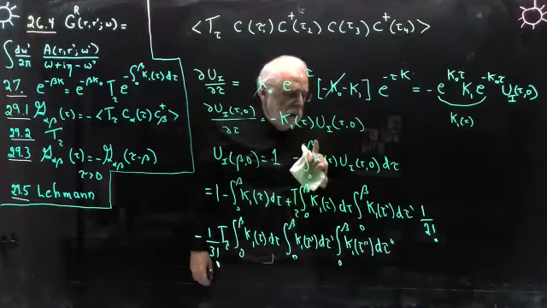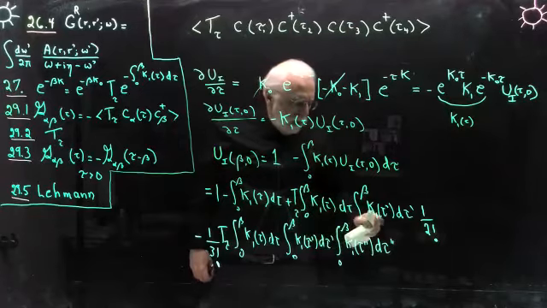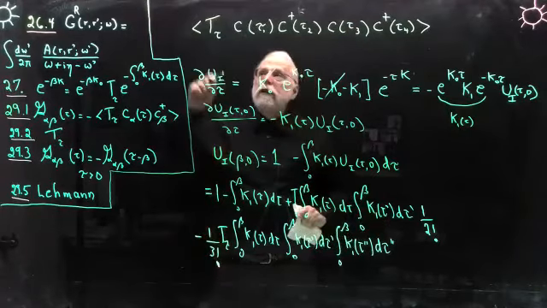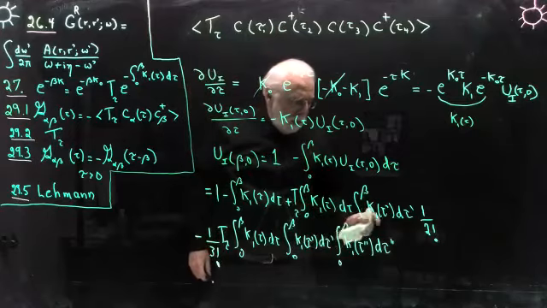And now here I just put them in order. Here it's the same, I would put them in order. But here K1 is always quadratic in fermions, so I didn't need to worry about that.